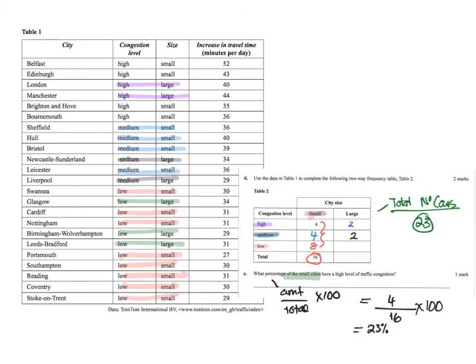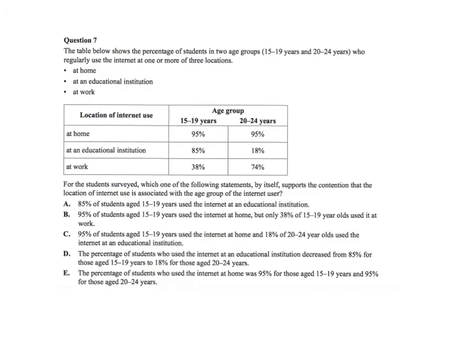Yeah? On these things. So the table below shows the percentage of students in 2 age groups, 15 to 19 and 20 to 24. I just wanted to tell you to help you practice this. This is categorical data, because it's an age bracket.